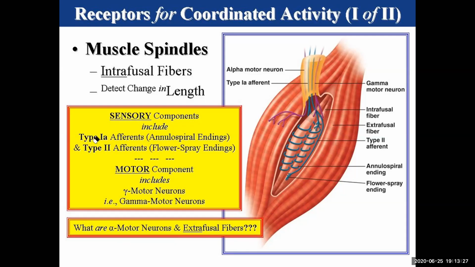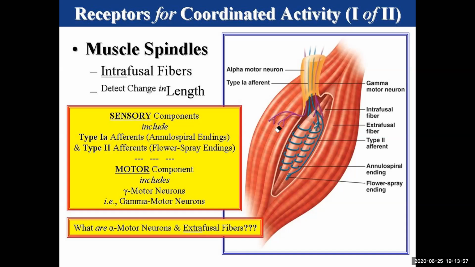Right, so the afferents are type 1A and type 2 afferents. So you're going to learn that as is described over here. So I just explained the concept: detecting length change in a muscle by using these sensory components, and they detect the intrafusal fiber contraction due to the contraction of the entire muscle.